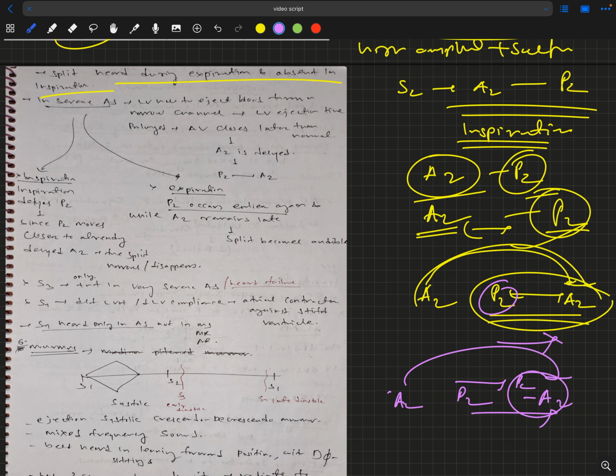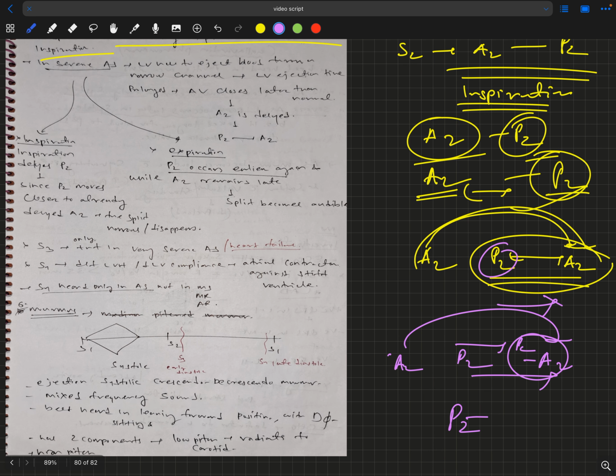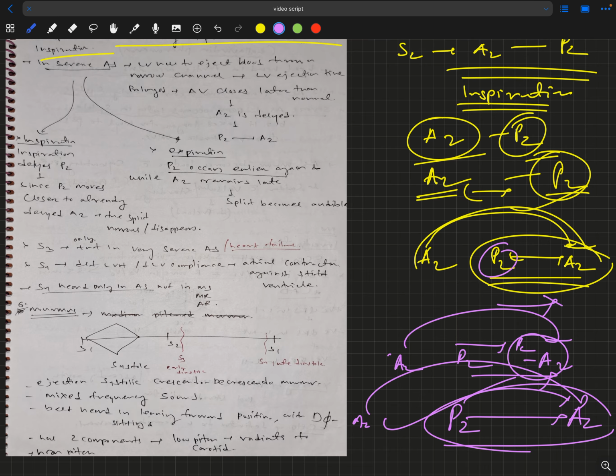So A2 and P2 move closer during inspiration, so you can't appreciate the split during inspiration. But during expiration, P2 remains here. In expiration, as I told you, more blood comes to the left side of the heart. Along with that, this patient has aortic stenosis, so it will take more time to eject the blood. So A2 is much delayed, and you can appreciate the split during expiration.